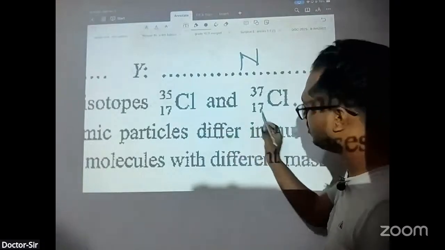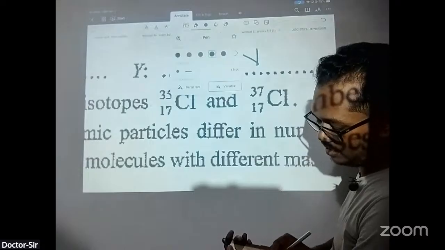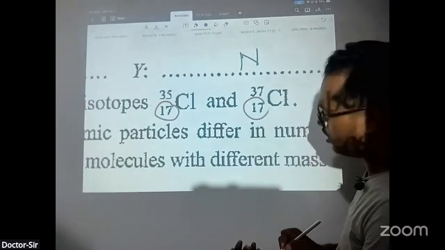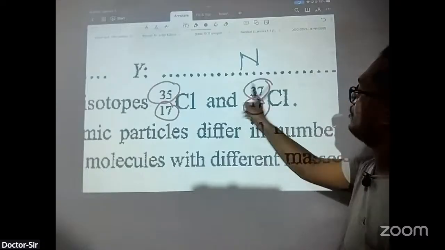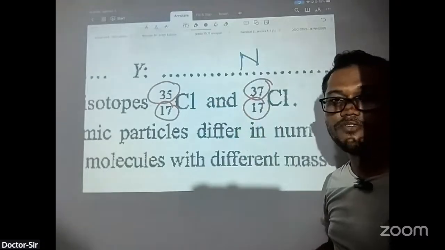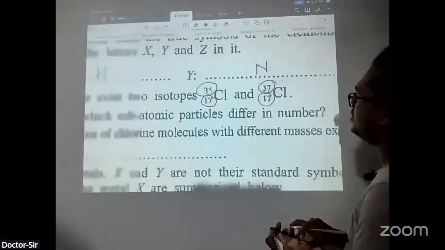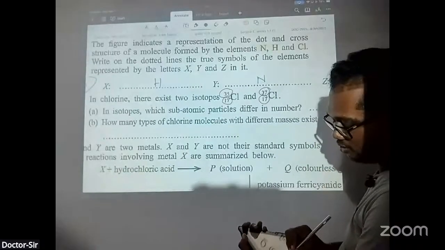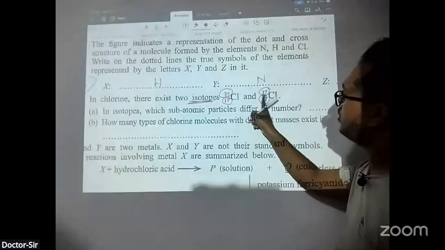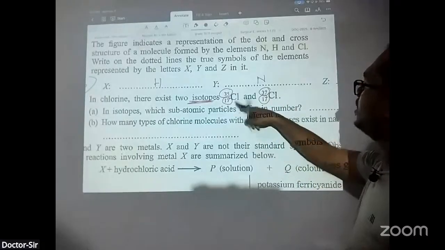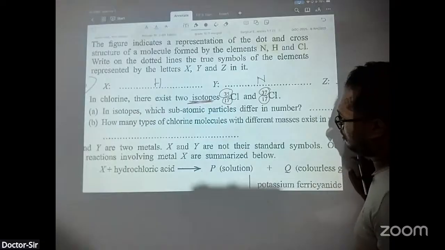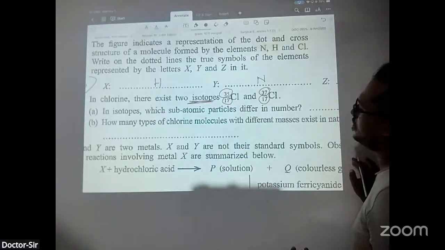Atomic number is equal for both. Equal, but the thing is, the mass number is different. So what is this? We call it an isotope. So chlorine, same element, but different mass number, and the same atomic number.